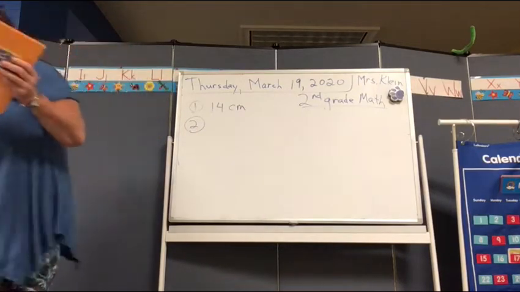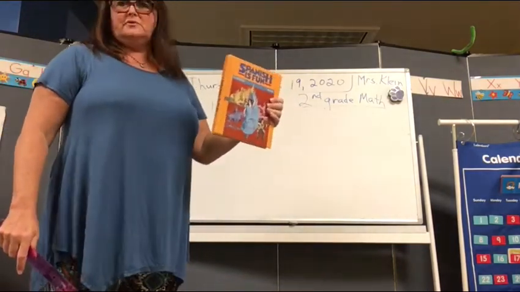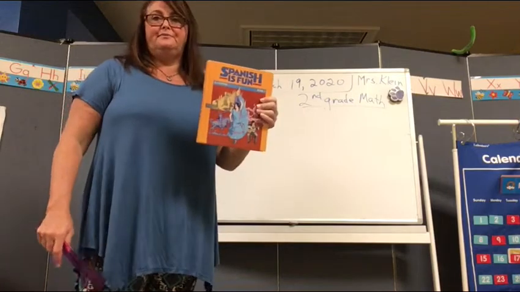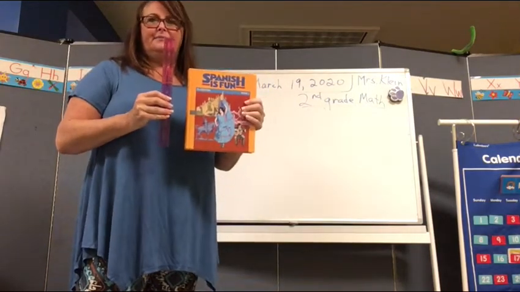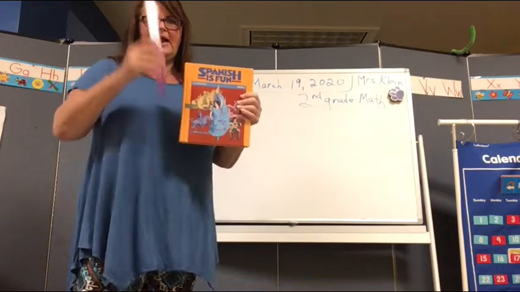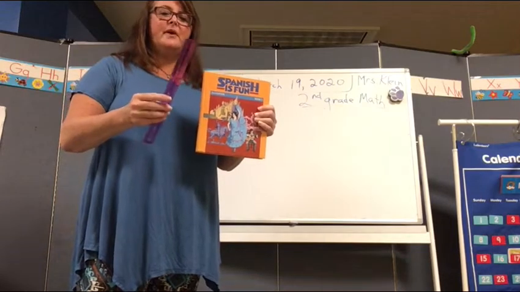I'm going to guess that this book is about 25 centimeters in height. We're not taking the length, we're going to take the height. Length is this way, height is this way. I'm going to find the centimeter side of my ruler.